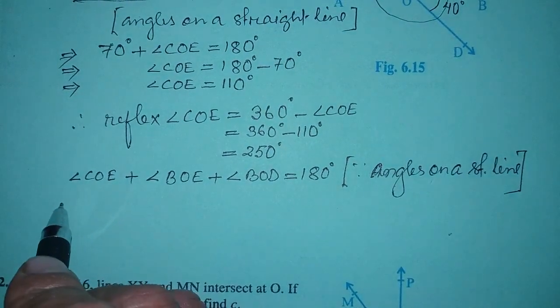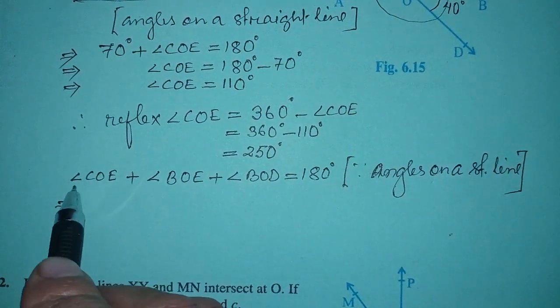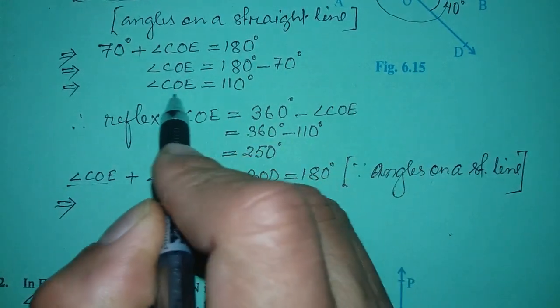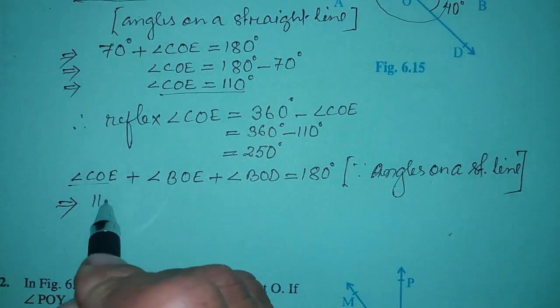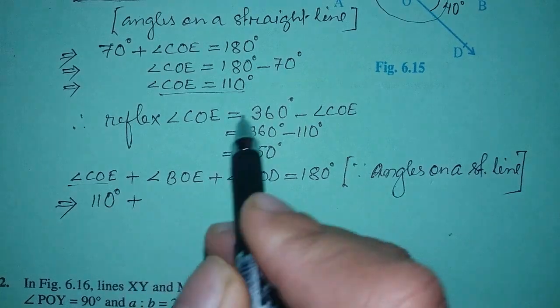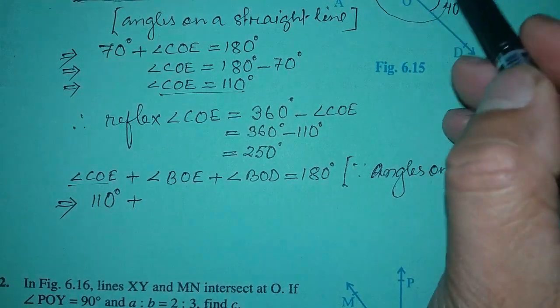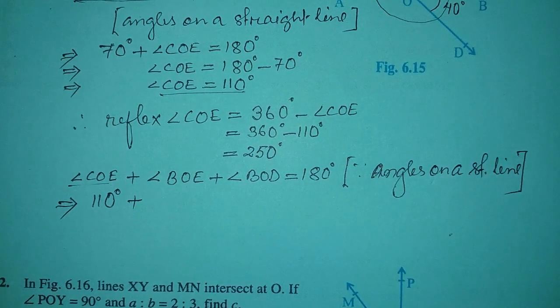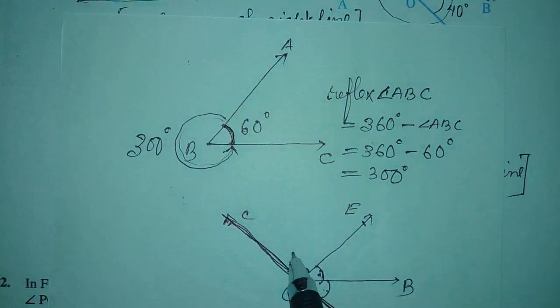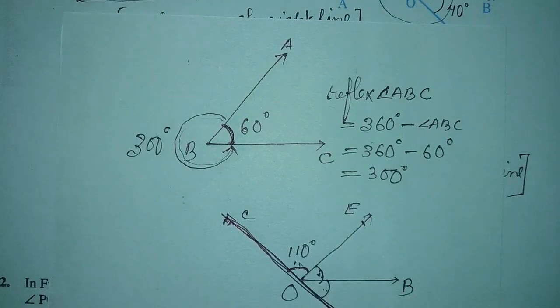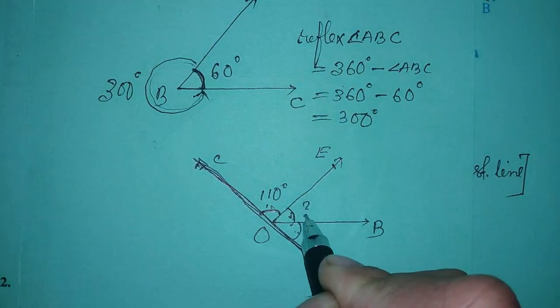Now angle COE, this angle is 110 degree, plus angle BOE, this is what we are supposed to find out.